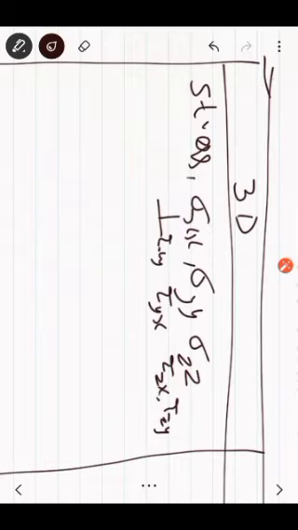Then here you will be having tau xy, then tau yz. Here you will be having yx or yz.